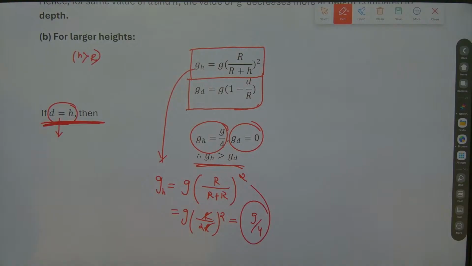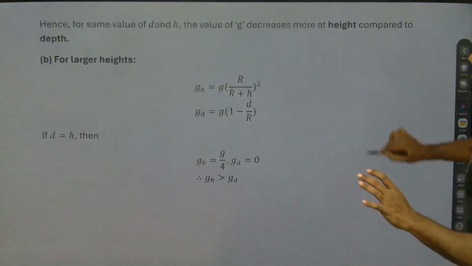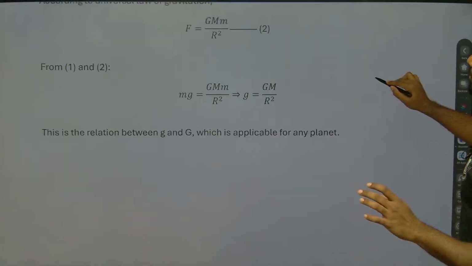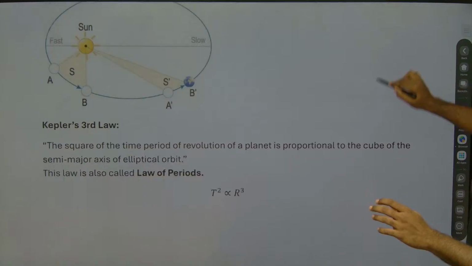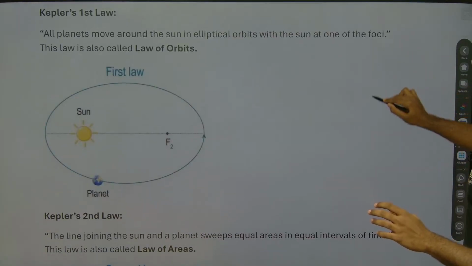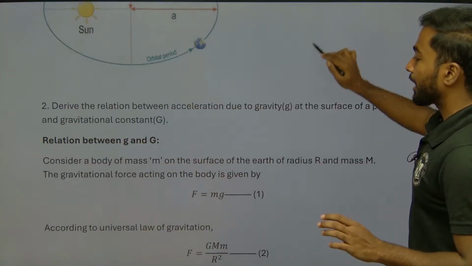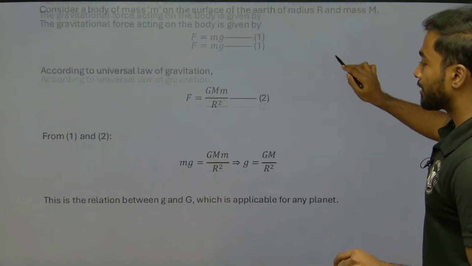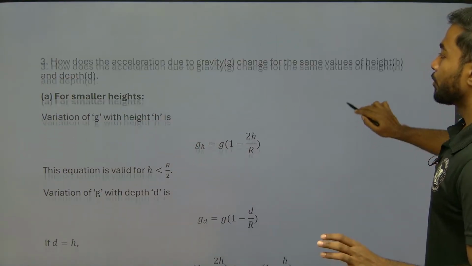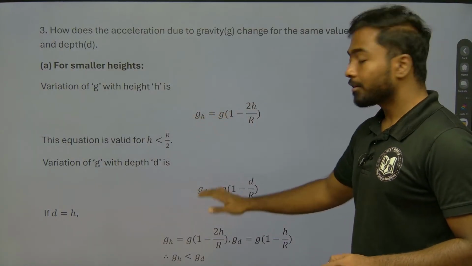Abhishek sir, please explain again. So which question, Abhishek? Let me show the question numbers, and which question you want to explain again. So we have seen 3 questions, right? One is Kepler's law, and this is the first question. The second question is we need to derive the equation between capital G and small g, and the third question is we have to show what is the gravity for height h and depth d.